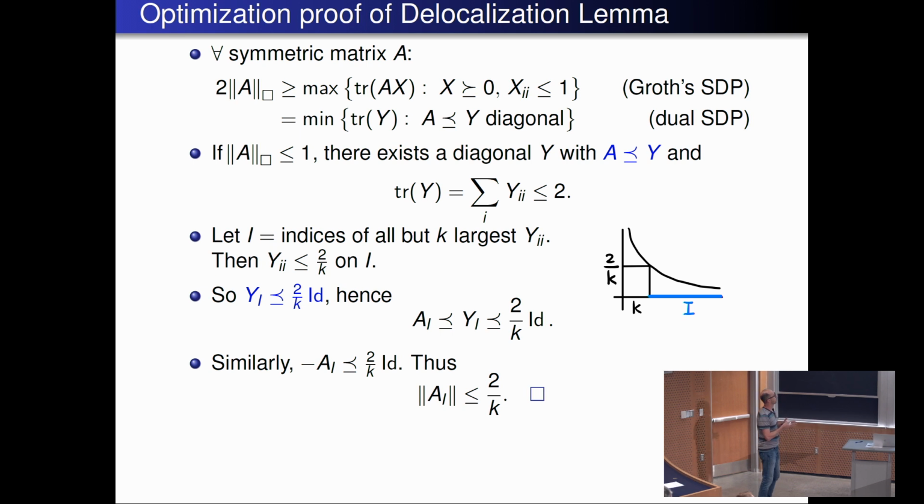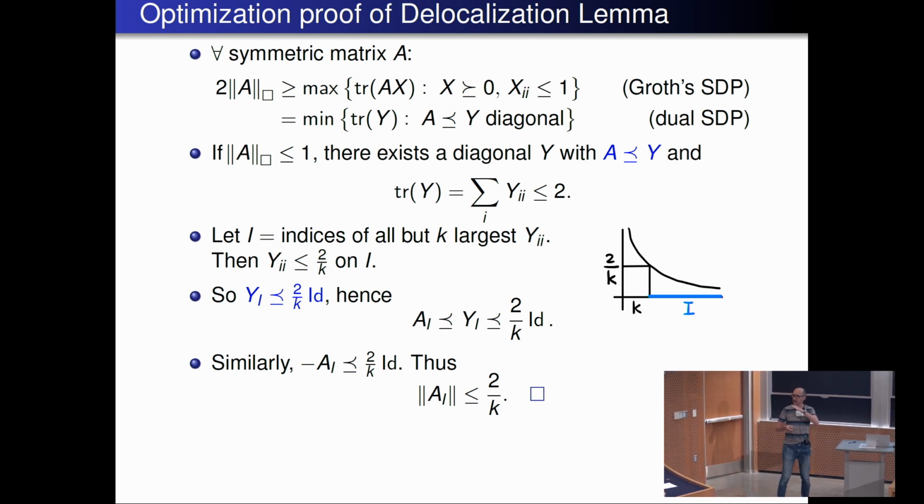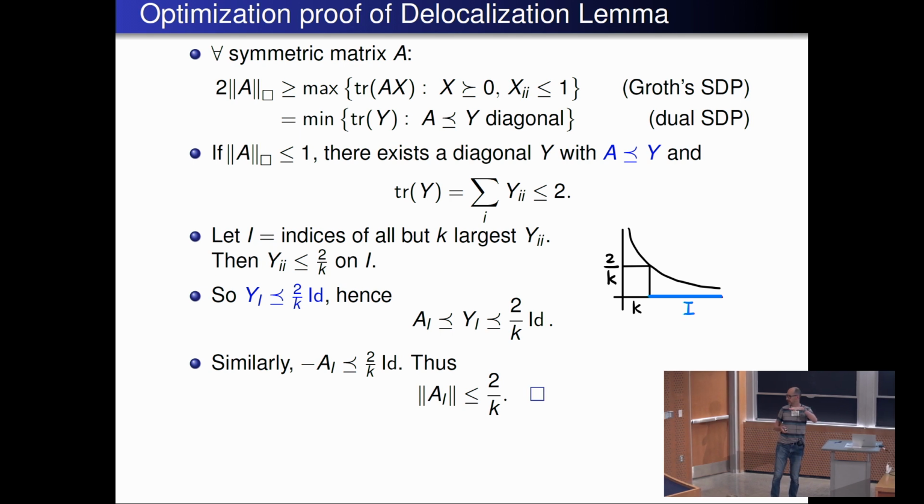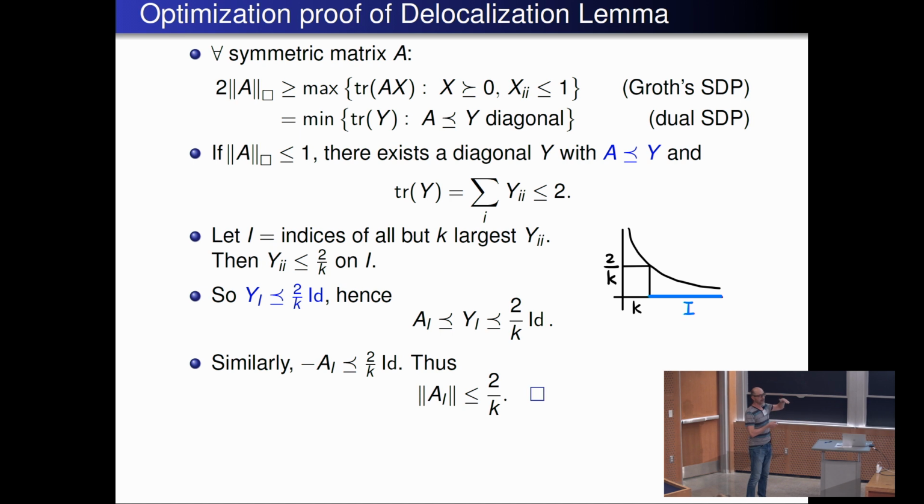Well, if the trace is bounded by 2, there can only be so many big entries. If the sum is bounded by 2, it means that if I cut out the largest k entries, the rest of them will be bounded by 2 over k. That's kind of Markov's inequality. Okay, let's do that. So we just drop the largest entries. The rest of them are bounded by 2 over k.